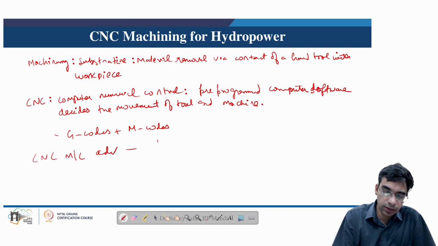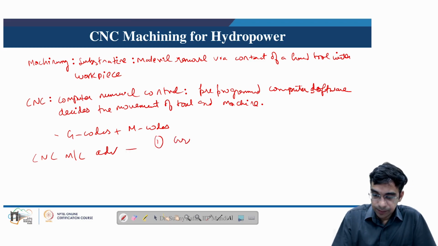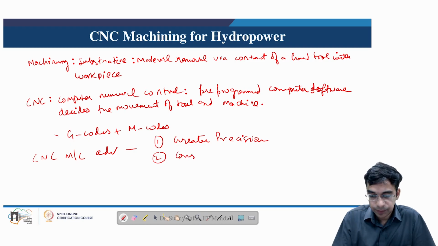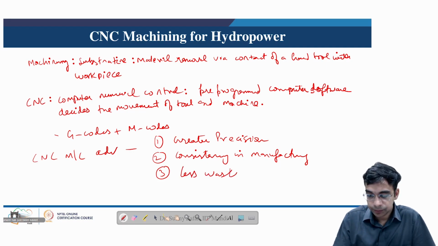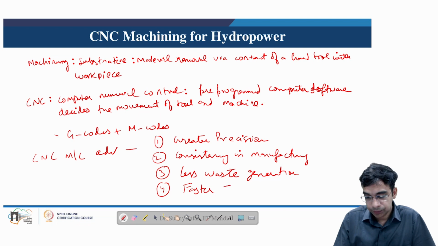So there are some advantages why CNC machining is used. Their advantages include the greater precision, consistency in manufacturing, less waste generation, faster production, and lastly improved worker safety.